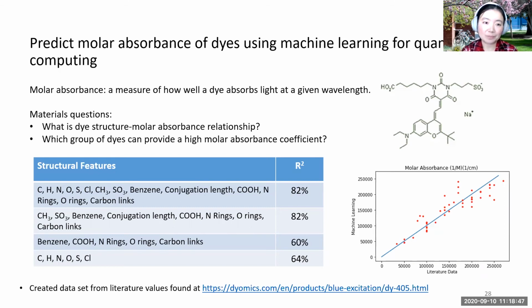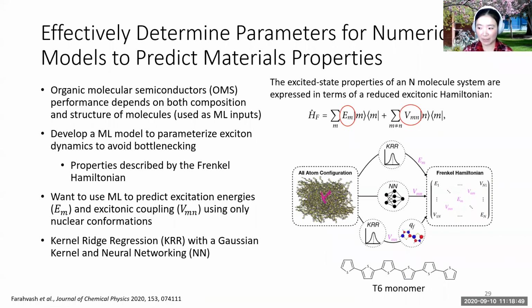Okay, and the last application I want to show you is called effective determinant parameters for numerical models to predict material properties. This is a model that can help us study organic molecular semiconductors. This study uses two types of machine learning models.